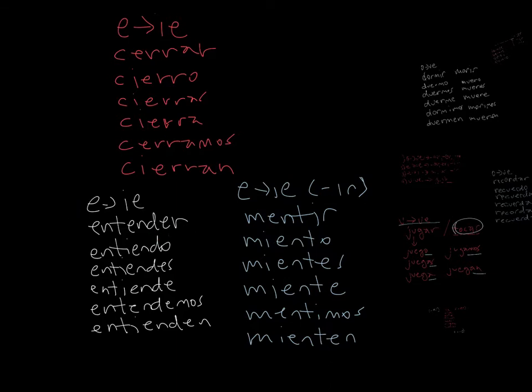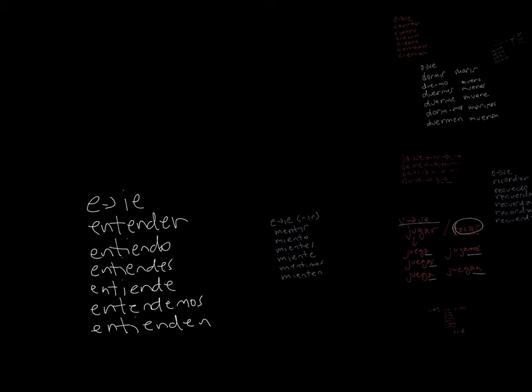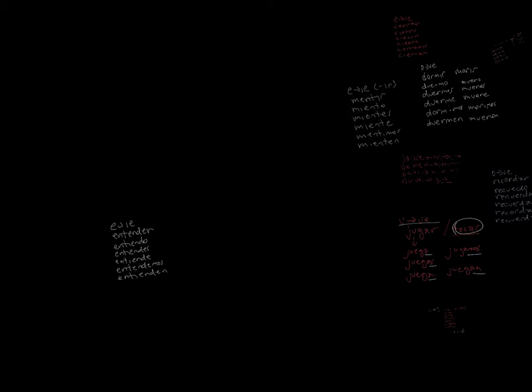E to IE, we have ER ending verbs. E to I, we have IR ending verbs, okay? In your book, you should be able to see several examples for each, okay? Now we put these away. Now I've been talking for 20 minutes, which is too much. So we'll stop so that we can do some exercises, okay?